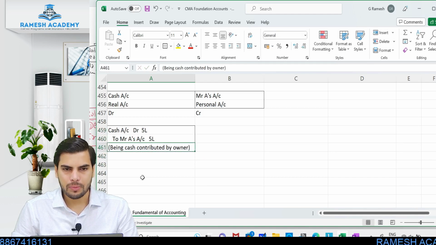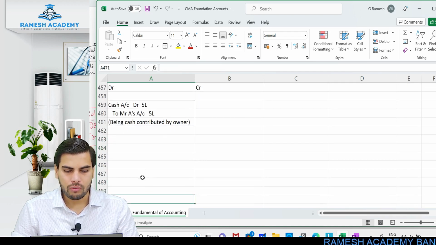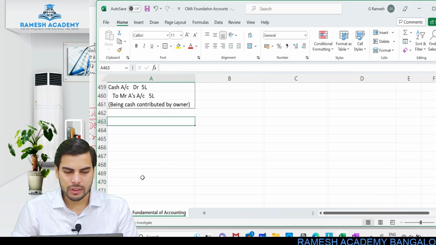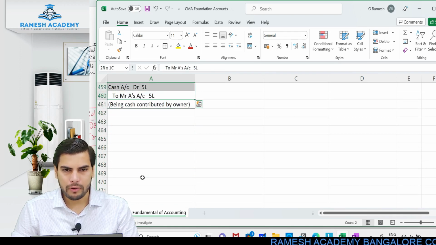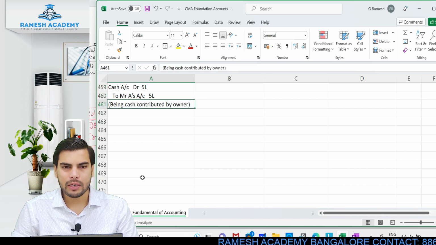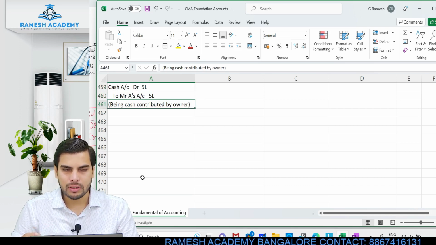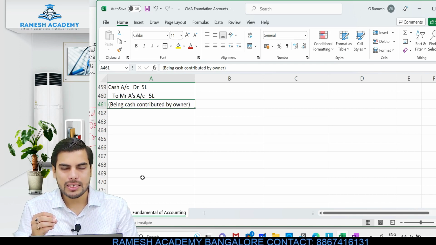This brief explanation is what is called narration. If I don't know the transaction, and I just have a look at the journal entry, I'll look at the narration. By just reading this narration, I'll get to know what exactly was the transaction for which this journal entry was passed. So narration is as good as a brief explanation for the transaction.